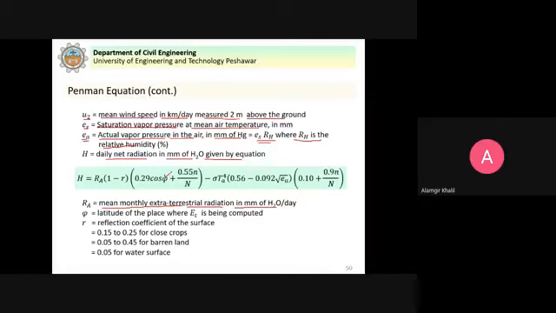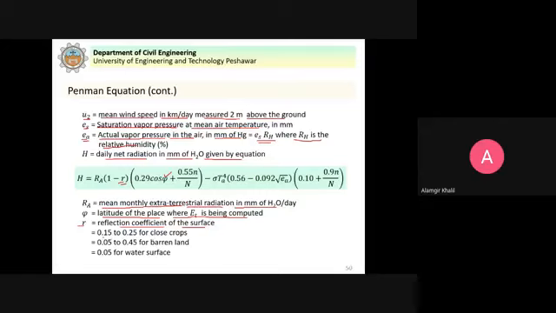This phi shows the latitude of the place where ET, evapotranspiration, is being computed. Small r, you can see here, is the reflection coefficient of the surface.